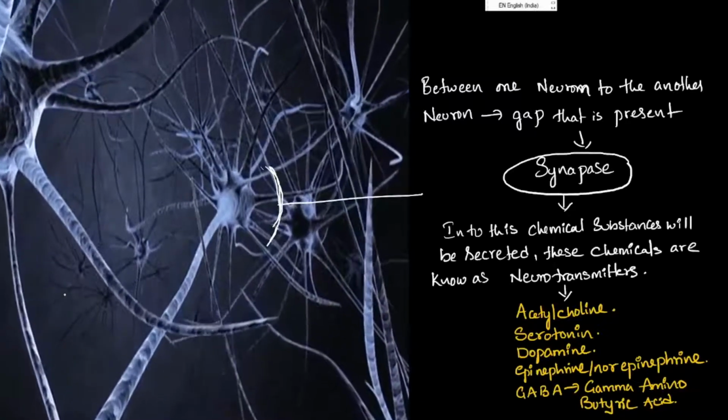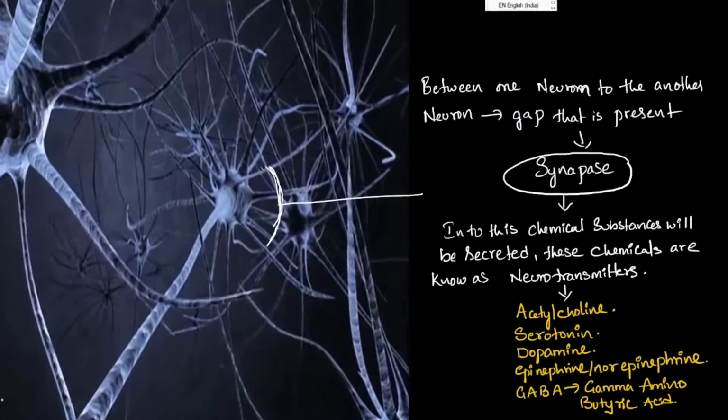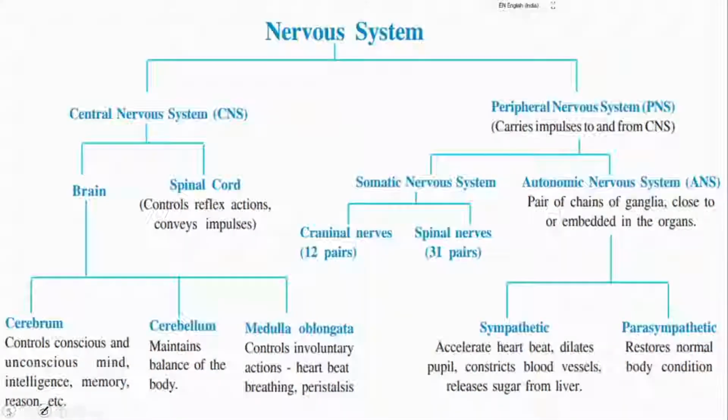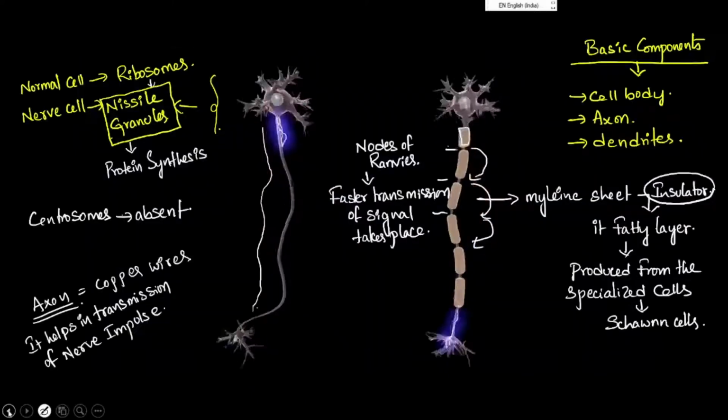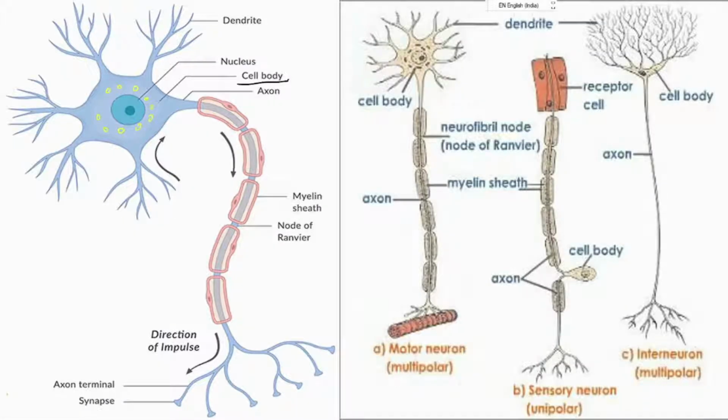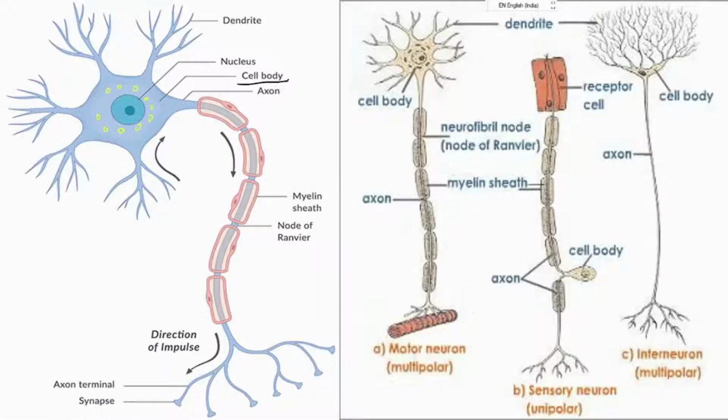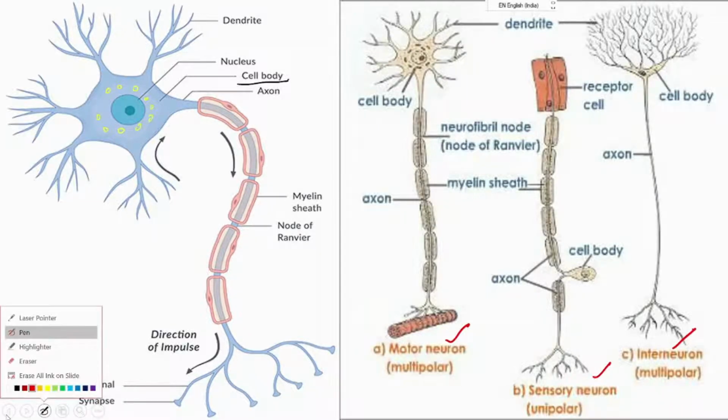As I told you, the gap between one neuron and the other neuron we call the synapse. Here, basically, neurons are categorized into three types, students. What are the three types? One is sensory neurons, motor neurons, and mixed neurons. Okay, now make a note like this, students.